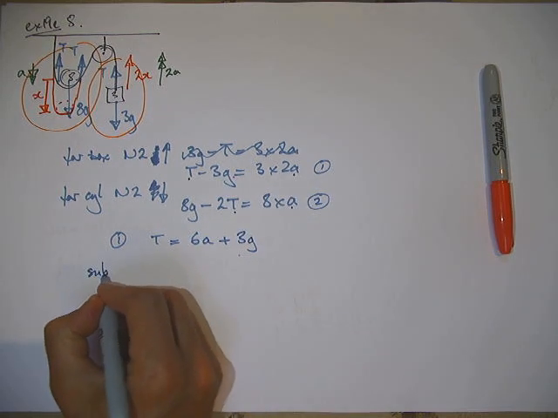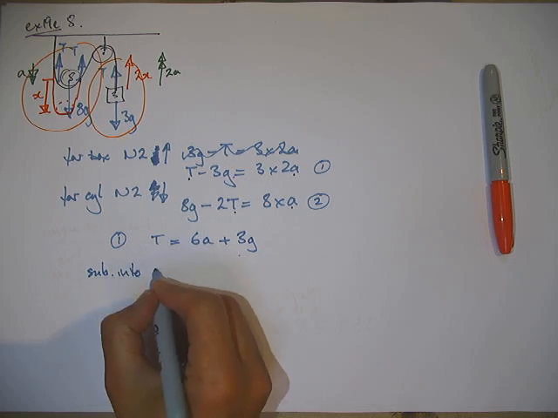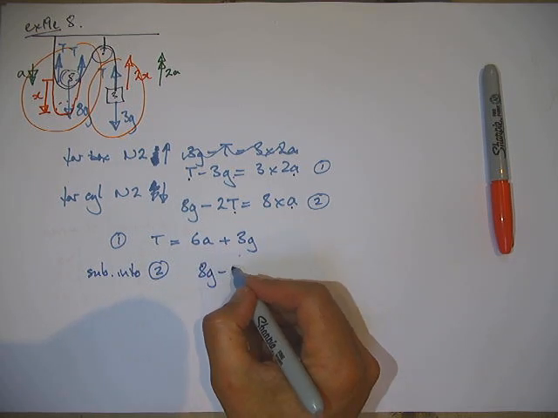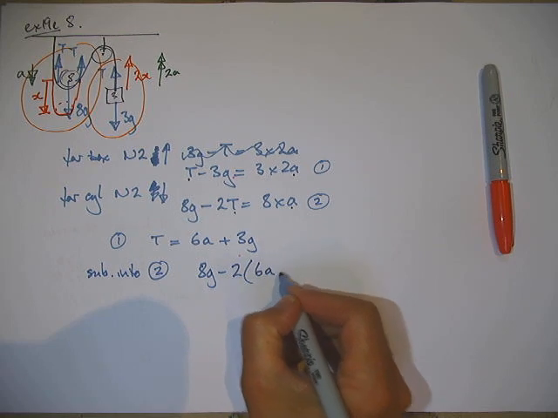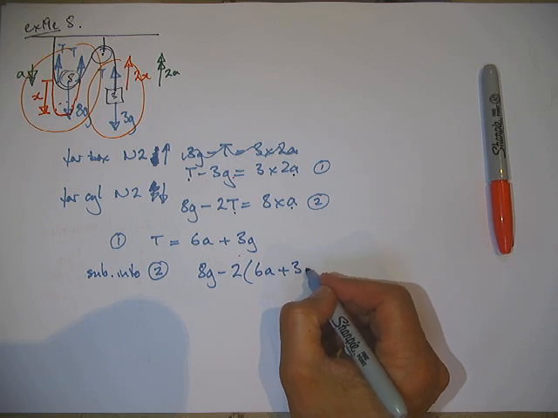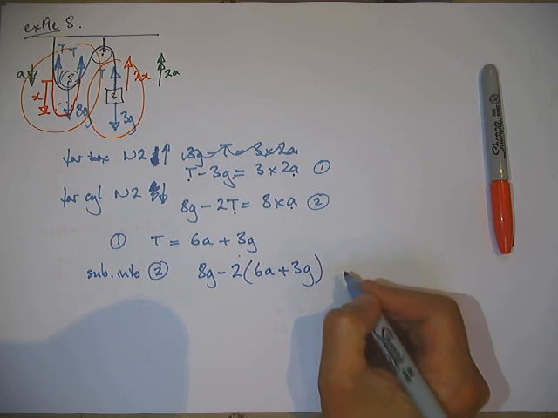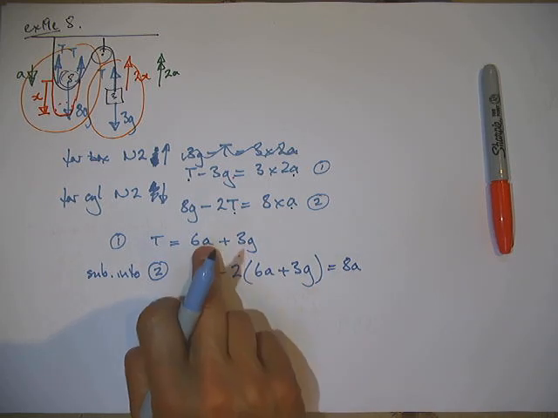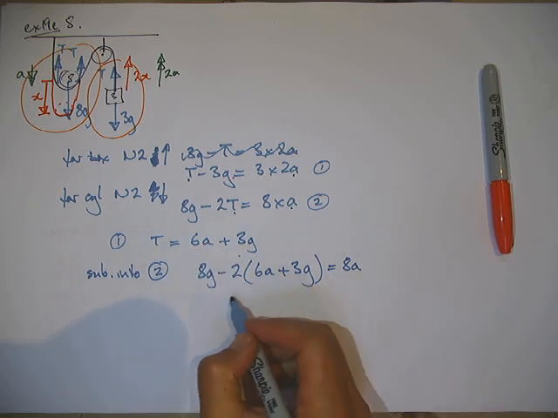I'm going to sub into 2, 8g take 2 lots of that. Now I know I've eliminated T and that's what I want to find, but I have a feeling it might be that little bit quicker to find the acceleration and substitute back into there.